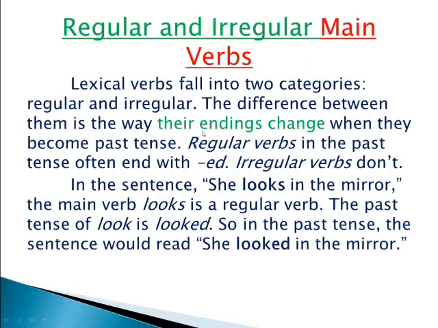Ending means the ending of a verb is changing. For example, go, went, gone. Eat, ate, eaten. This type of verbs are there. But in some examples, if you are asked to make verb 2 from verb 1, what will we do?